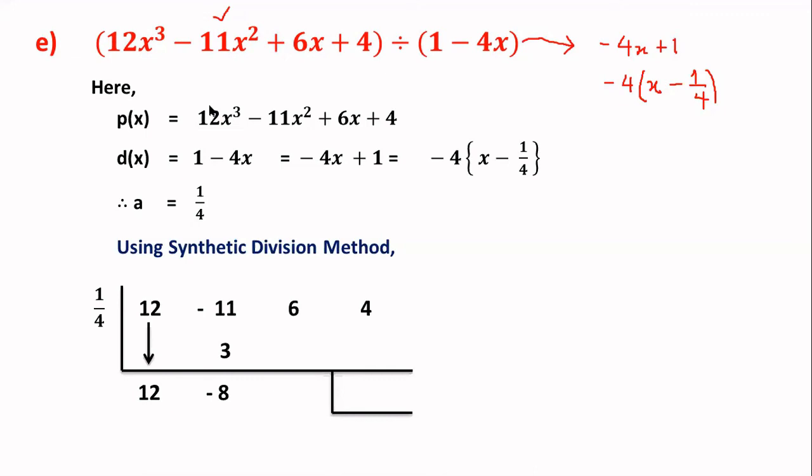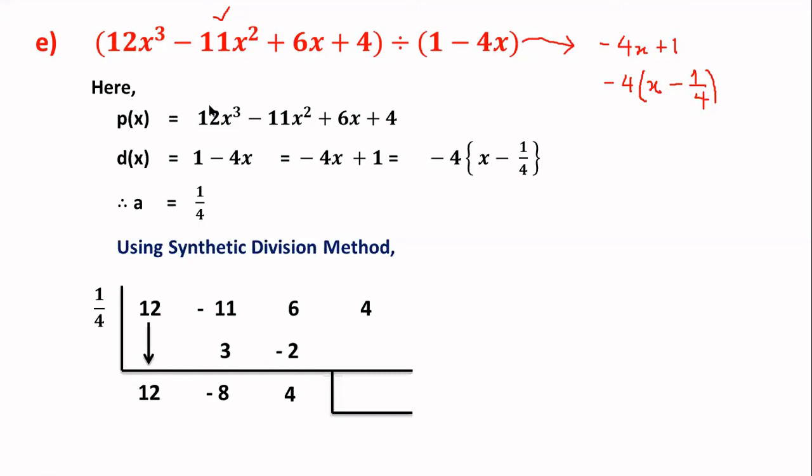Now let's multiply 1 by 4 and minus 8. When we multiply that, we get minus 2, and that minus 2 we write below 6. That's very good. Now let's add plus 6 and minus 2. When we simplify this, we get 4, which we write below minus 2. Now let's finally multiply 1 by 4 and 4.